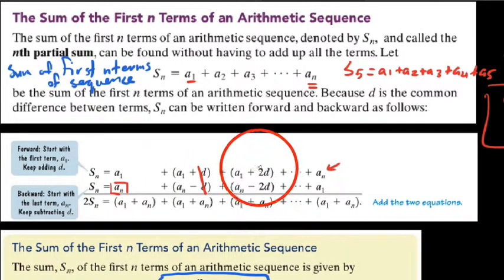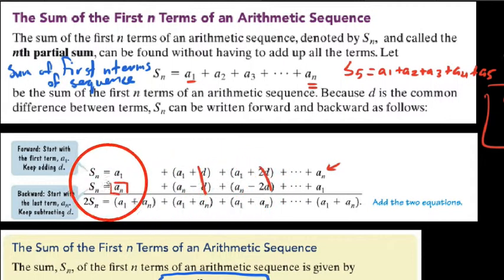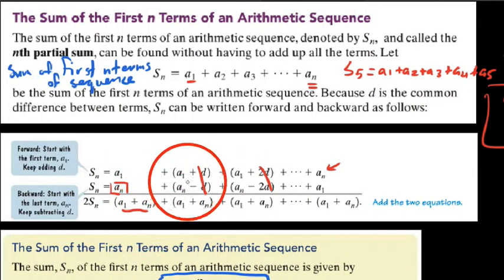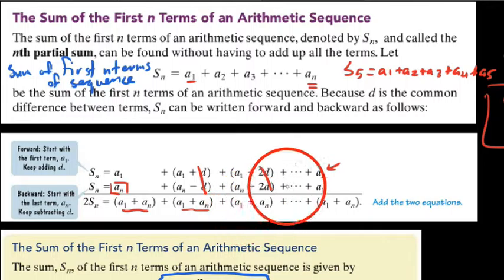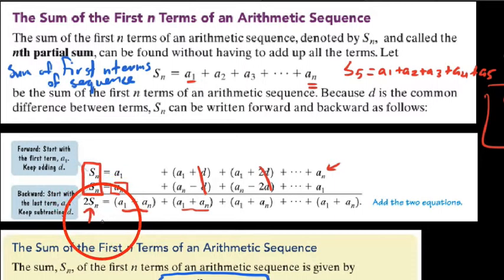And so what you're going to see is that you're going to get your d's to cancel out, and we keep getting this A1 plus An. A1 plus An, A1 plus An. And we just keep doing this. And as a matter of fact, if you were to add S sub n plus S sub n, you would have 2 times the sum that we're looking for here. And what we're looking for is S sub n. And so if we were to divide both sides of this by 2, basically we would come up with this formula.